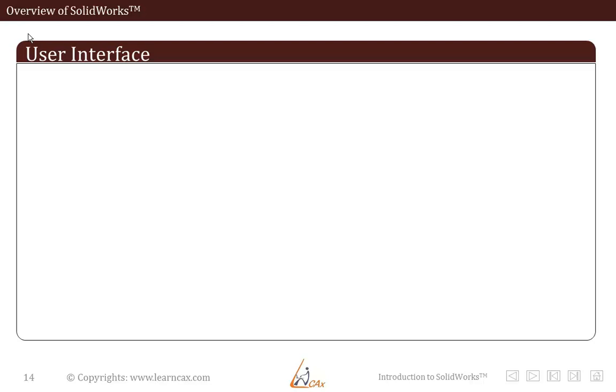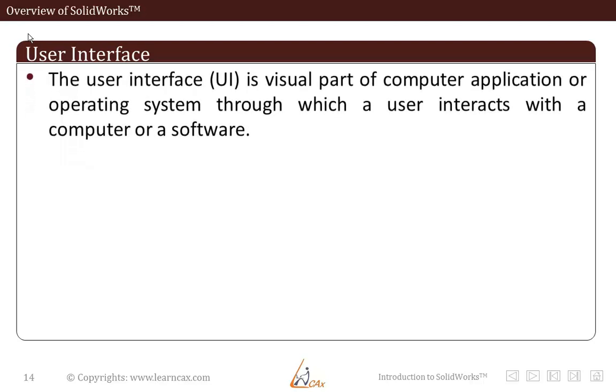Now let us focus on the user interface of SolidWorks. First of all, we'll understand what user interface actually means. It is the visual part of a computer application or an operating system through which a user interacts with the computer or a software. It basically plays the role of a junction between a user and a computer program. An interface is a set of commands or menus through which a user communicates with a program.